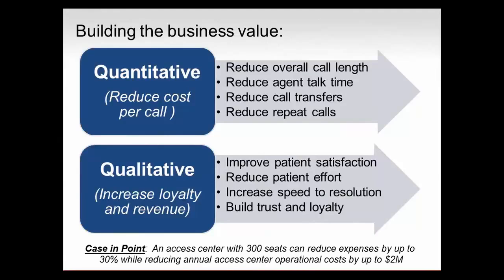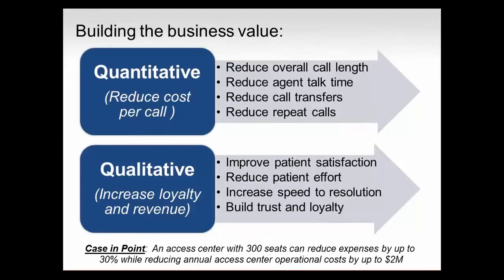On the quantitative side, when you're looking at building the business case and you think about removing those 5 tasks from the 10 that the agent has to accomplish to complete a call, you land in 4 key areas to build that case. One is you're going to reduce the overall length of call when you find that blend between automation and a live agent experience.